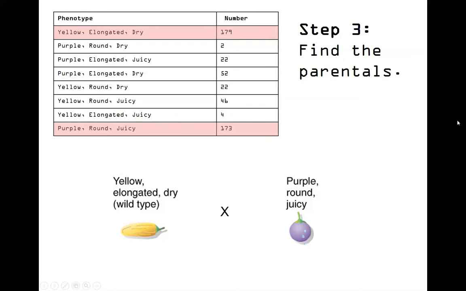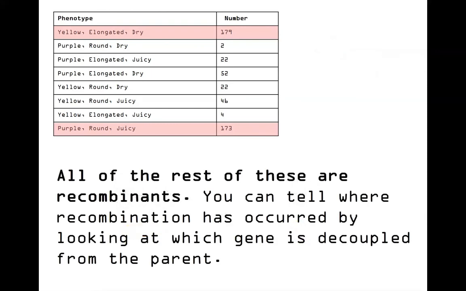Okay, so now that we found the parentals, it's important to note that in our 3-point test cross, all of the rest of these are going to be recombinant. But we can't just stop here like we did with the 2-point test cross. We have a little bit more work to do because we've got 3 genes involved.